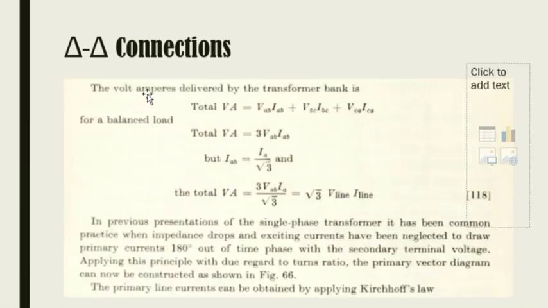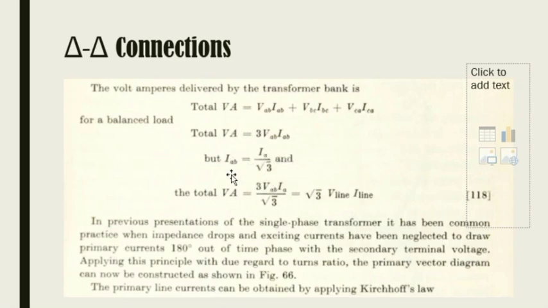The volt-amperes delivered by the transformer bank is therefore total VA equal to VAB IAB plus VBC IBC plus VCA ICA. But for a balanced load, they will all be equal. Therefore, the total VA will be 3 VAB IAB. However, take note that IAB is equal to IA over square root of 3.